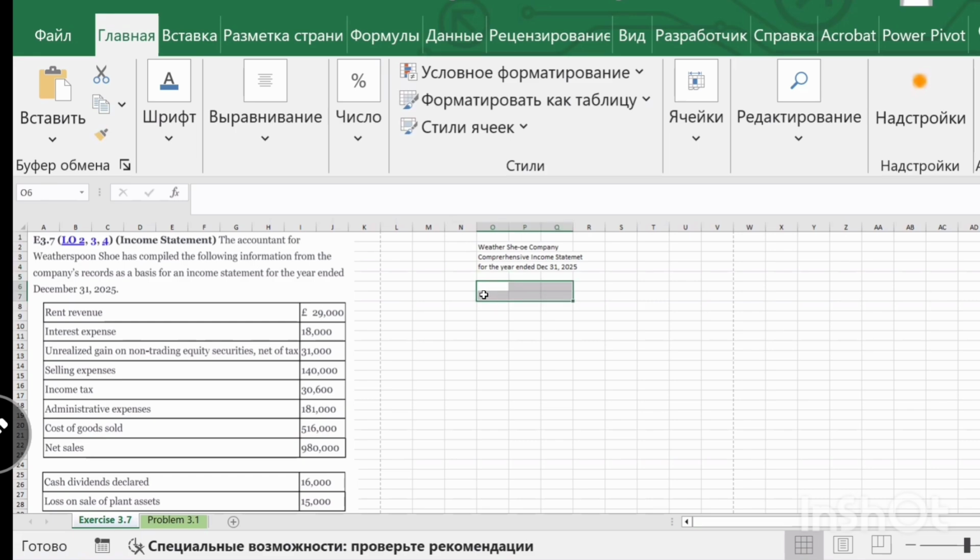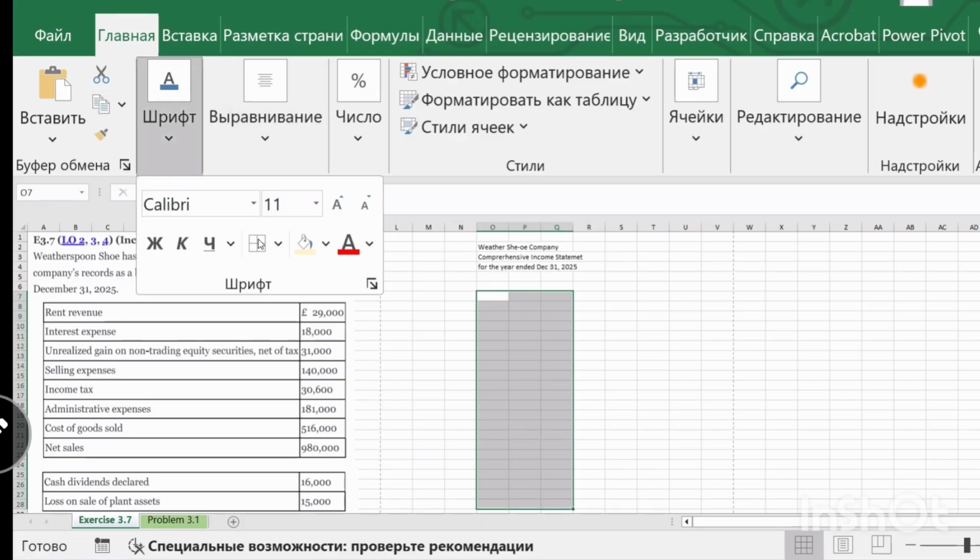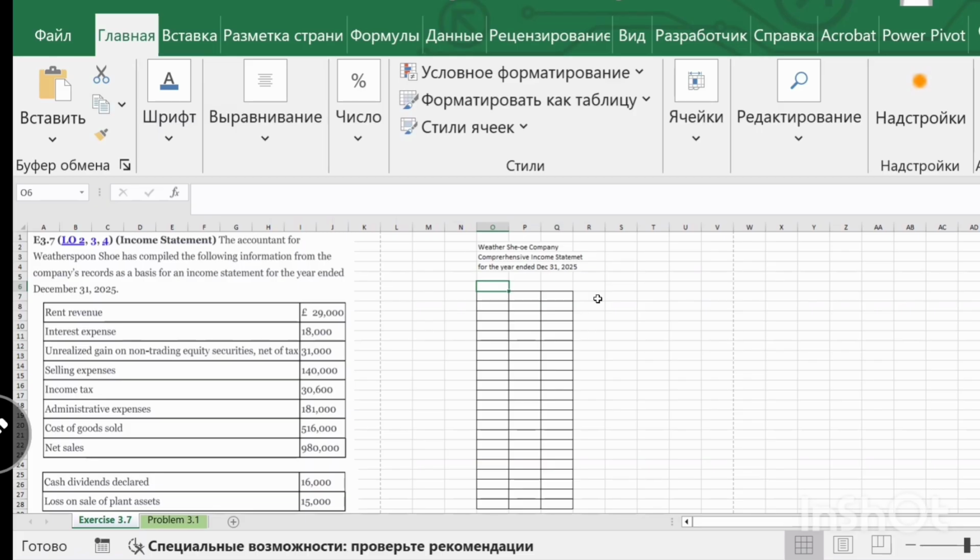I would like to start my comprehensive income statement. For easier understanding, I will write some additional words myself. Firstly, it's the name, secondly the amount, and thirdly the total. By name, I mean the names of the items, for example net sales, costs, expenses, and so on.